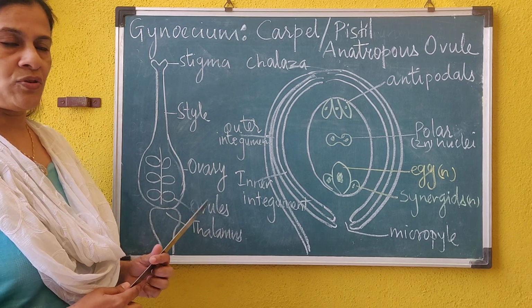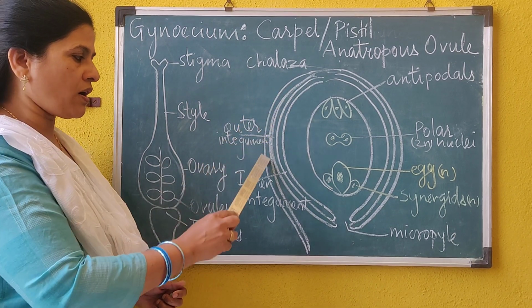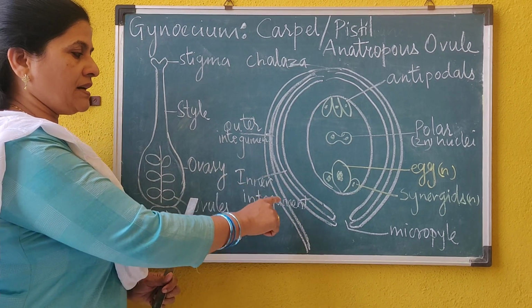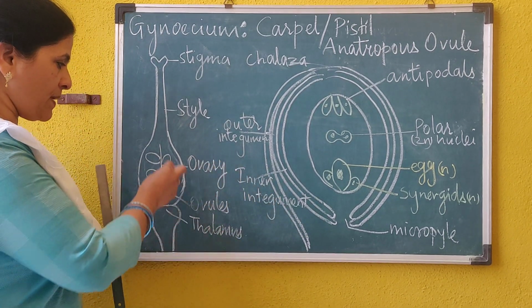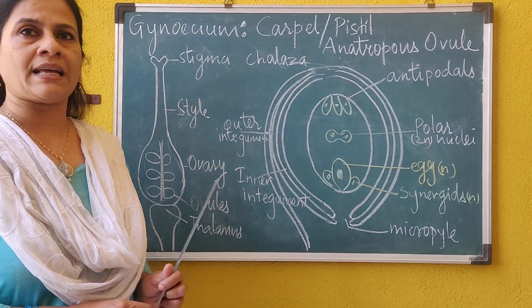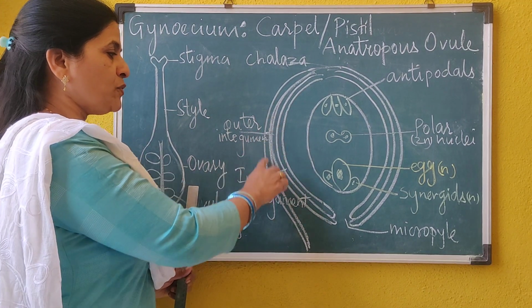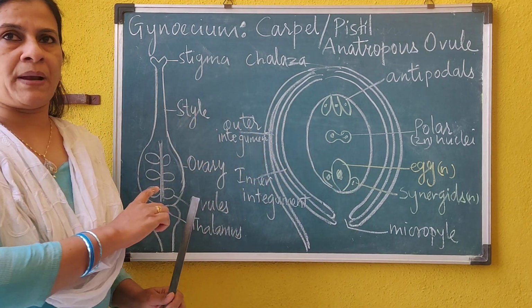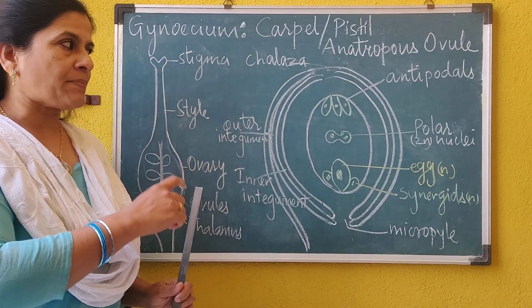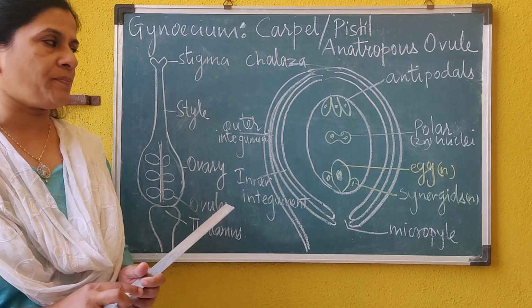So an anatropous ovule has a stalk called as funicle. This stalk is attached to placenta. Placenta is the central portion to which the ovule is attached. So funicle joins the ovule with the placenta and absorbs nourishment from placenta and supplies that nourishment to the ovule.